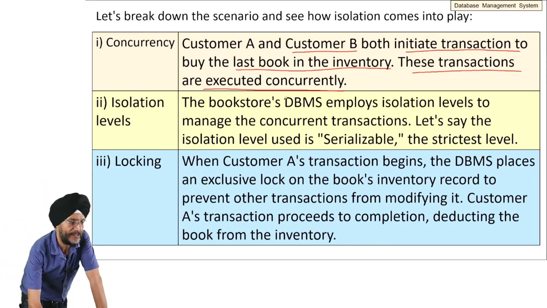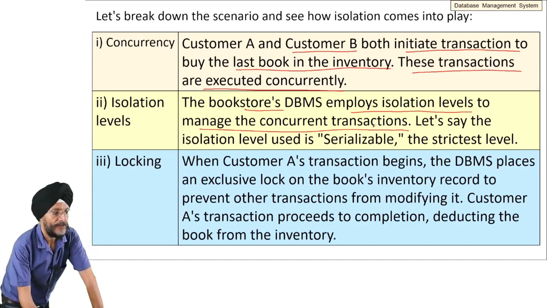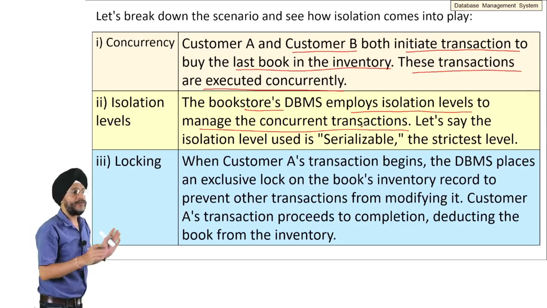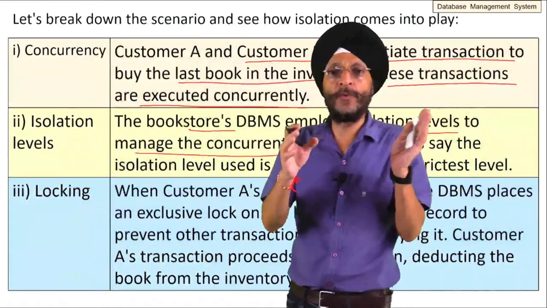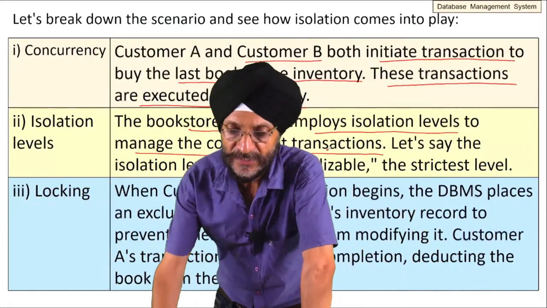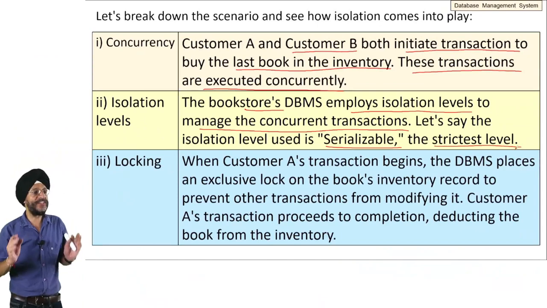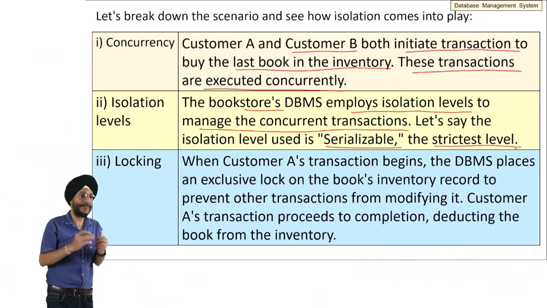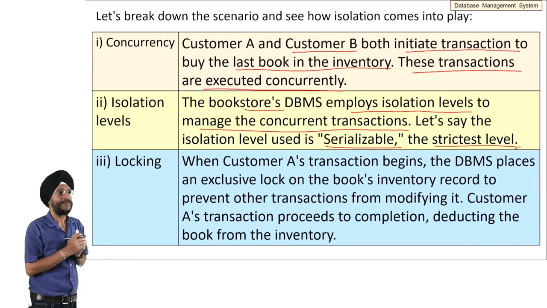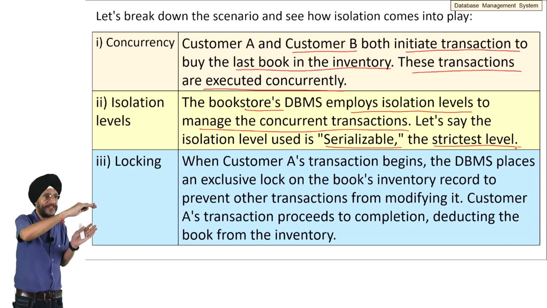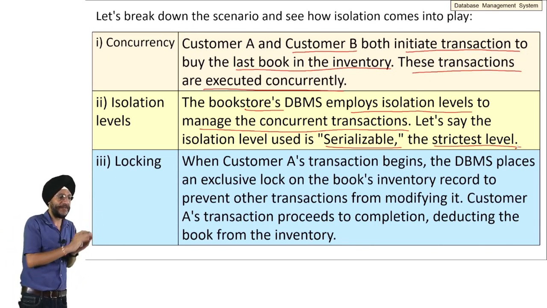The DBMS which is being used by the bookstore applies isolation levels to manage the concurrent transactions. Let us say the isolation level being used by the bookseller in his DBMS is serializable. That is the highest, strictest level of isolation. We have already learnt about these 4 isolation levels in our previous course in detail.